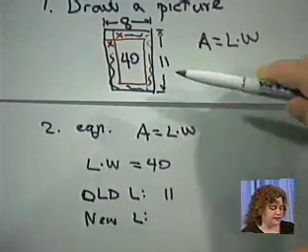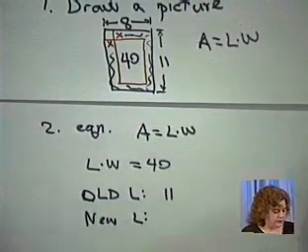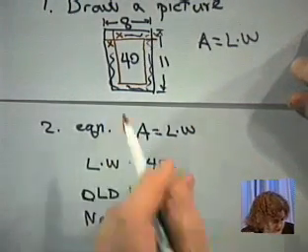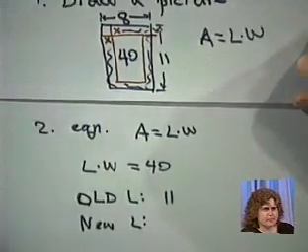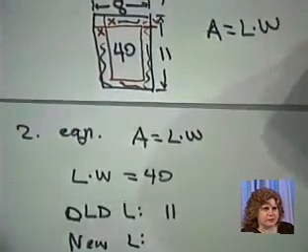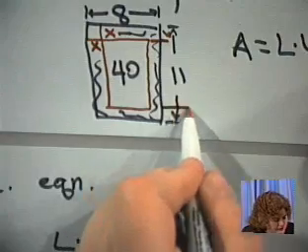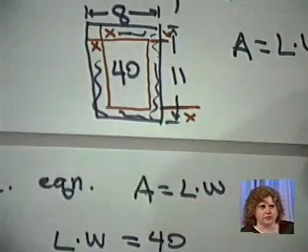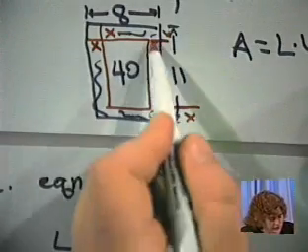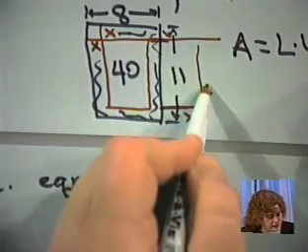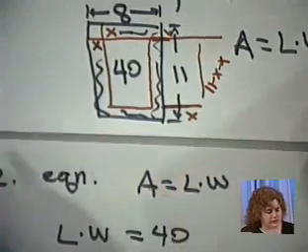Well, I had 11, and I cut out x. I don't know if you can see that. No, this way. I was going the right way to begin with. And I cut out x. And then on the other end, I cut out x again. So my new length in here was 11 minus x minus x.